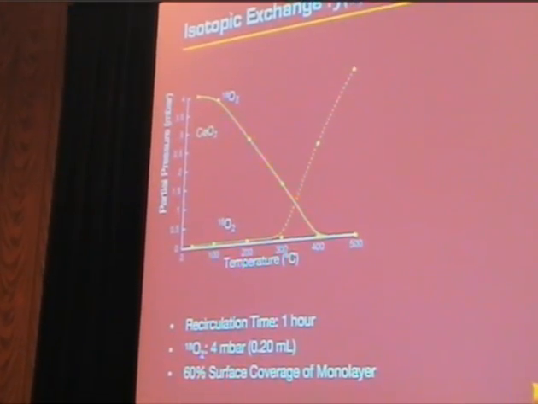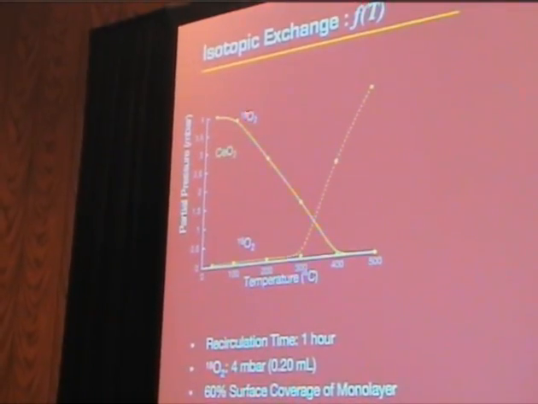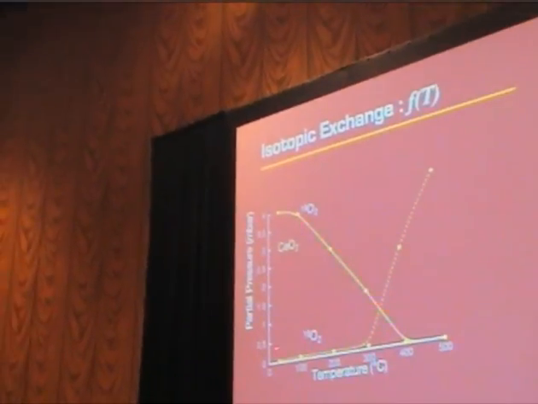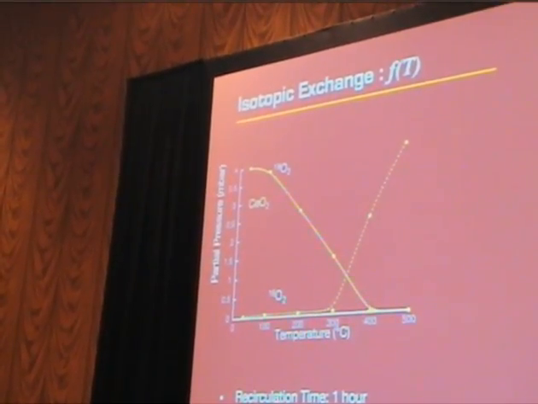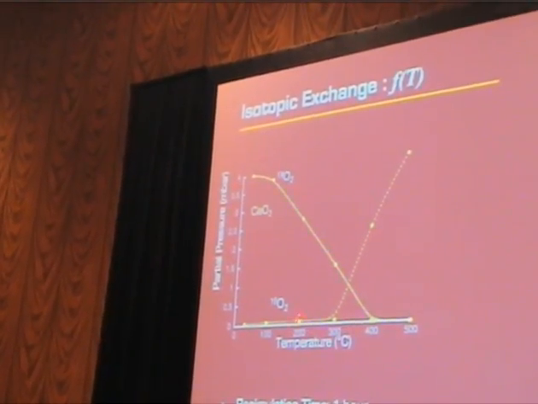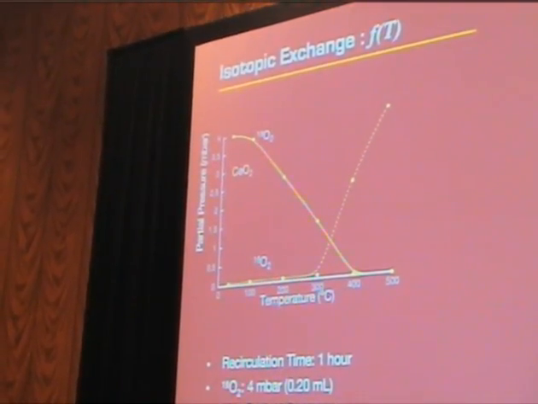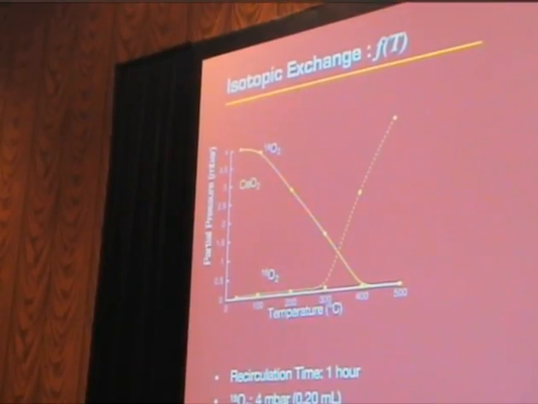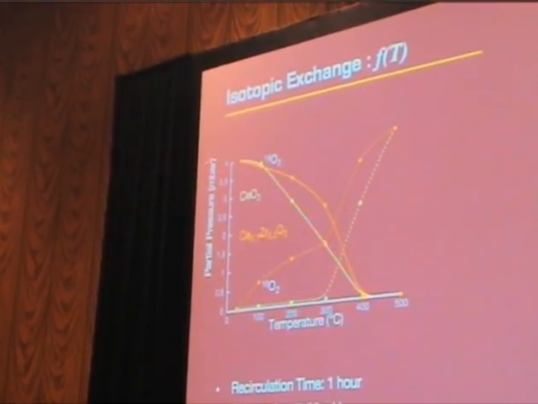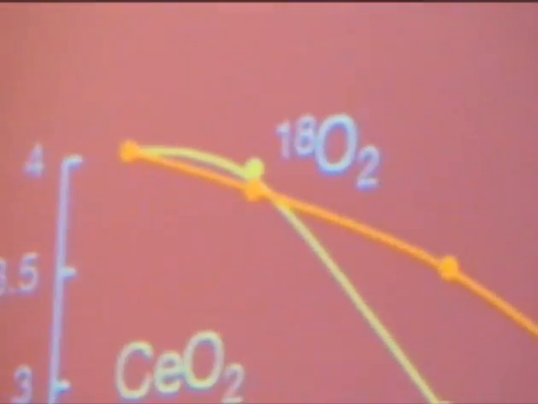As you can see, the oxygen-18 started absorbing around 100 degrees Celsius. However, the oxygen-16 from the surface did not start exchanging until 300 degrees Celsius, which is way beyond the operation range that we run for the water gas shift situation. For the case of ceria-zirconia, the absorption was similar to what ceria alone provided.